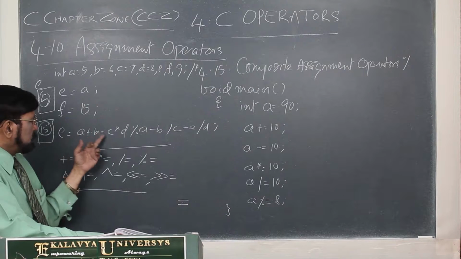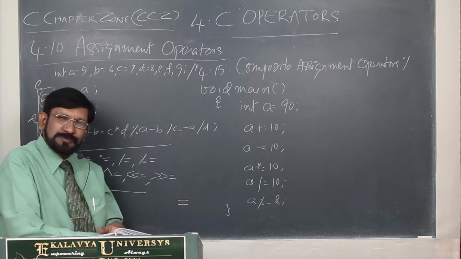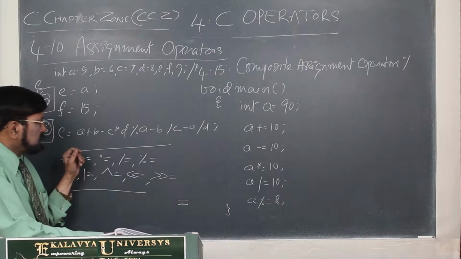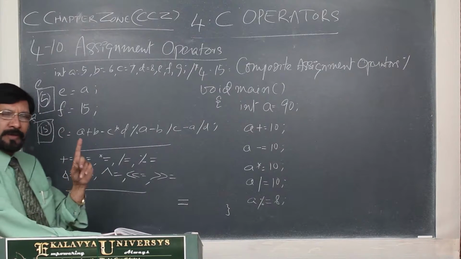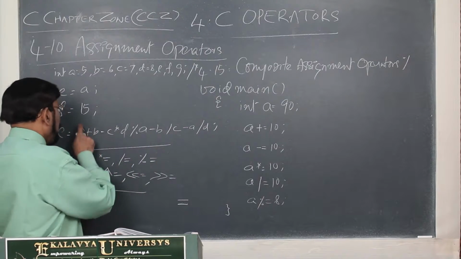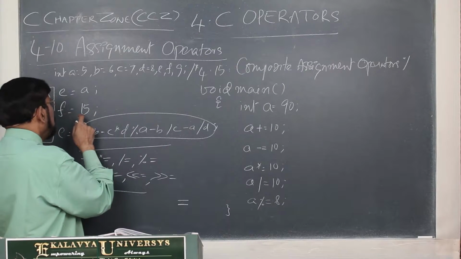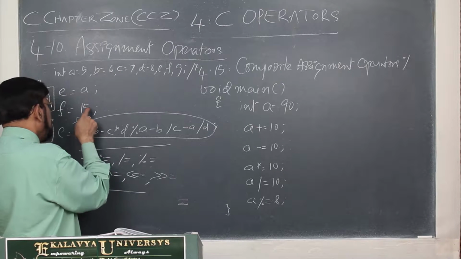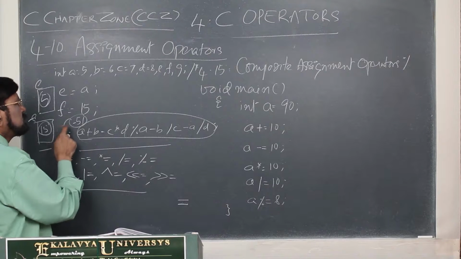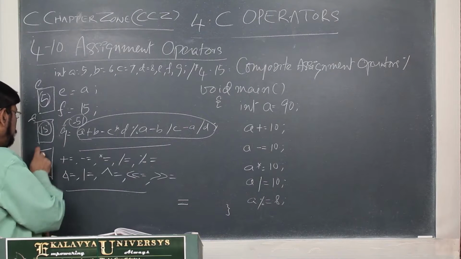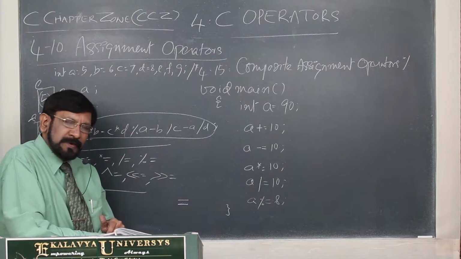Now I have used five types of arithmetical operators. But these are executed subject to the rules of precedence and associativity, and one value is evaluated. Just for example, it may be minus 51. Then minus 51 is stored in G. This I already explained to you.